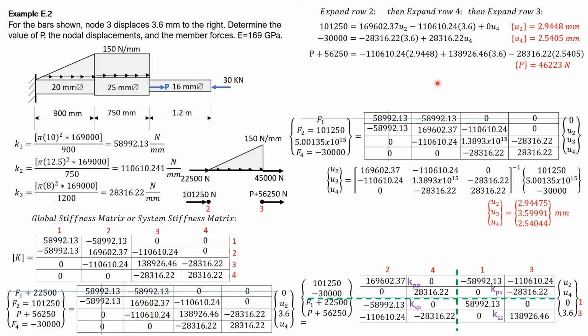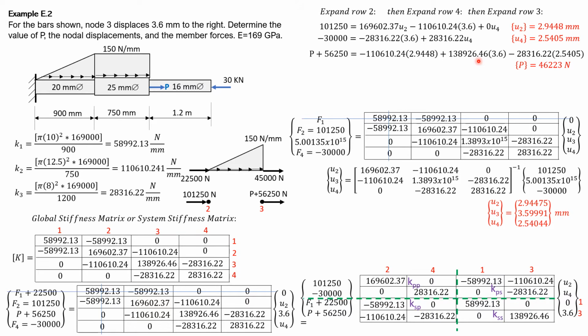Now, you may encounter a situation which is a little bit more involved, with two equations and two unknowns. Unlike here where we have computed U2 and U4 directly, you may experience a problem where after you expand there will be two unknowns or even three unknowns.